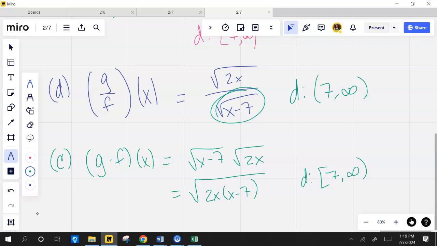It makes a difference with radicals. So this one could be 7. 7 would cause me to have the square root of 0, and that's okay in this case. But in this one, it's not okay, because I can't have a 0 on the bottom. That just leaves out only the 7.